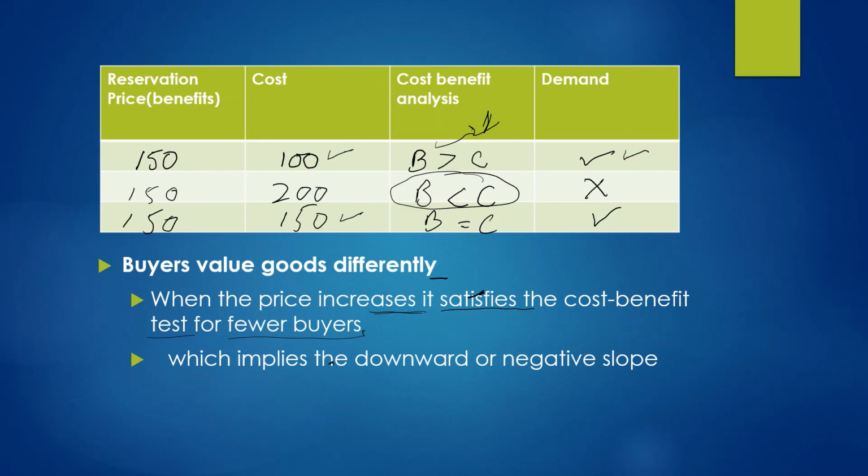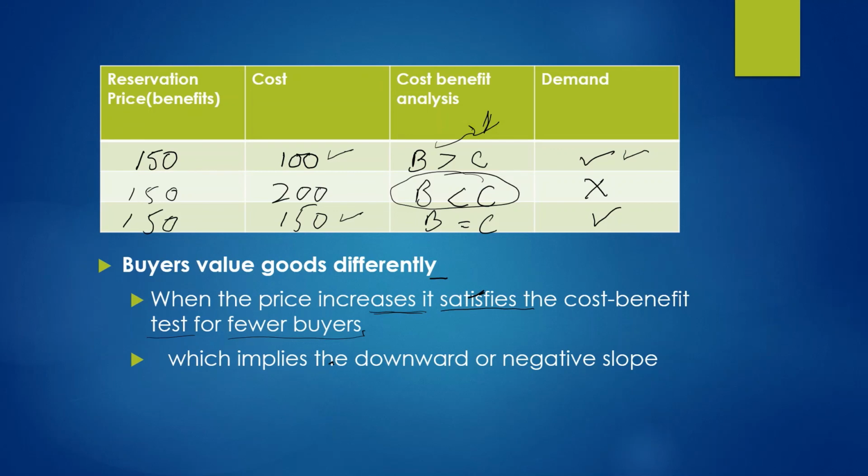That decrease in demand because of the increase in prices comes from, as we have understood, considering the reservation price concept of the consumer or buyer.